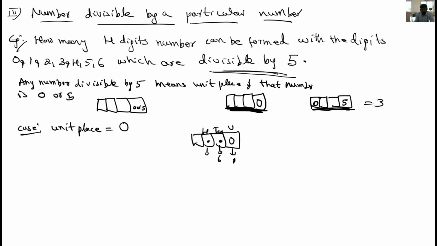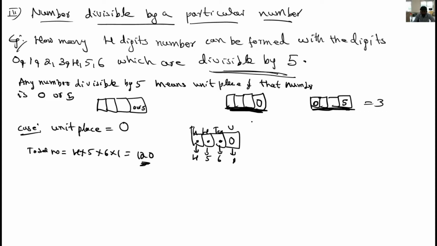So here you can fill it in 5 ways. And for the thousands place 3 numbers are already used. Out of 7, 3 numbers are used. So 4 numbers are remaining. So the total is equal to 4 into 5 into 6 into 1. 5 fours are 20. 20 into 6 is equal to 120 numbers are available when the unit place is equal to 0.